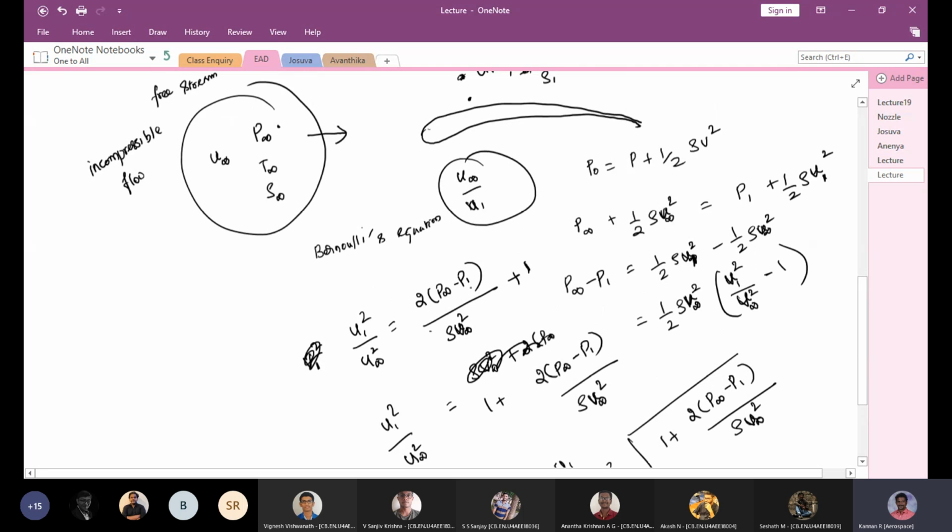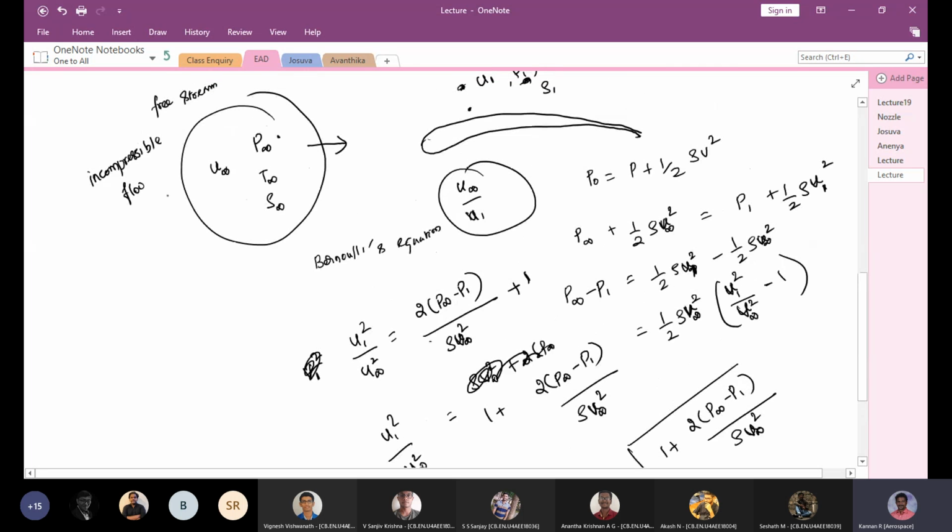Any questions, sir? Now what you can do is go and look at the momentum equation. From your Euler equations only we derive Bernoulli's form.